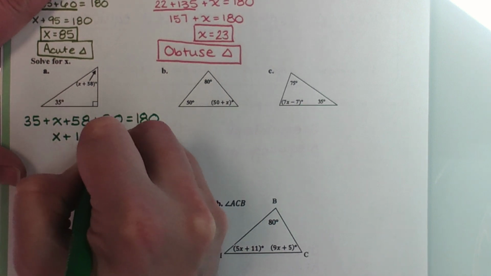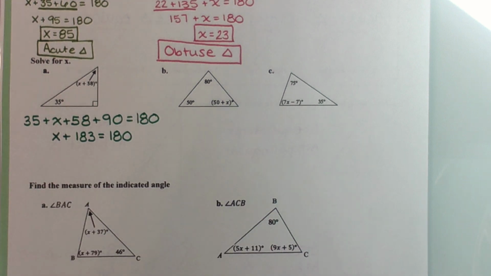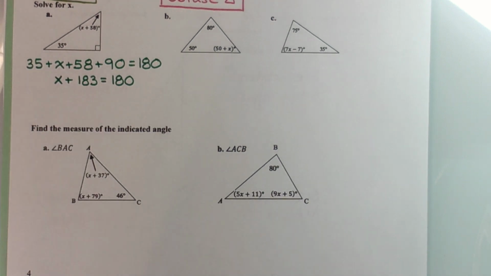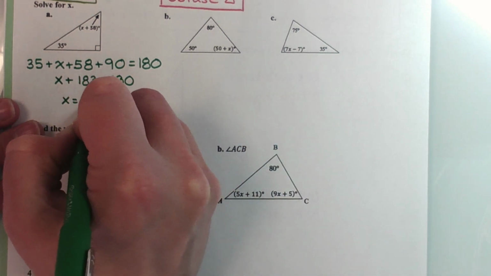Combining like terms, aka simplifying, is 183. Subtract, and x is -3.